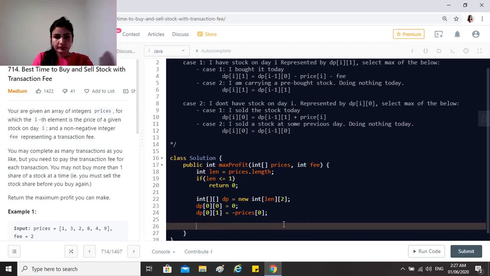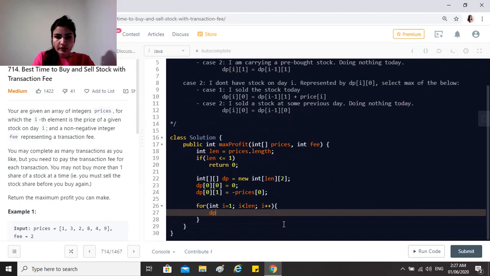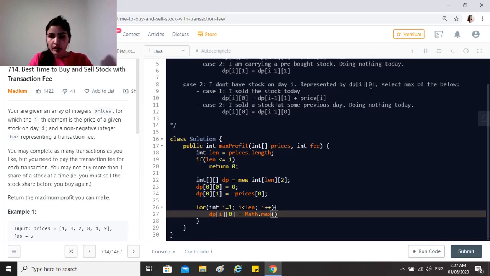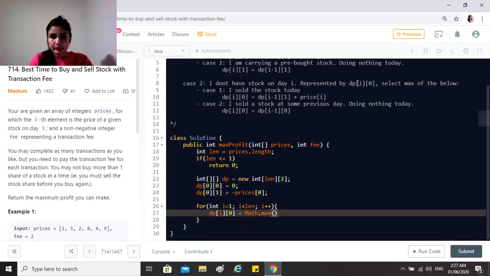Cool. So now comes a for loop, and for each day we will just calculate the values in this same fashion. We need to calculate the max of these two possibilities for dp of i of 0 and the max of these two possibilities for dp of i of 1.